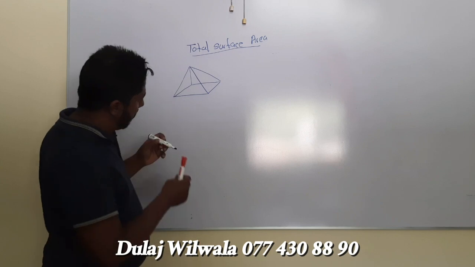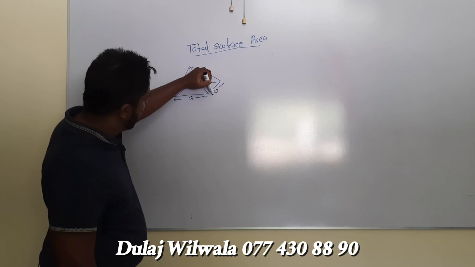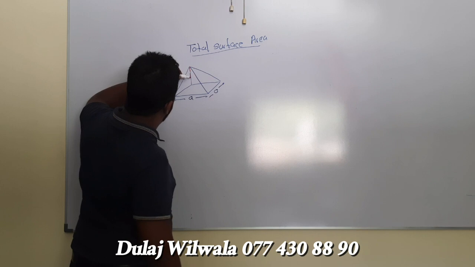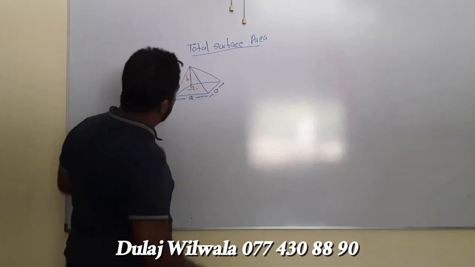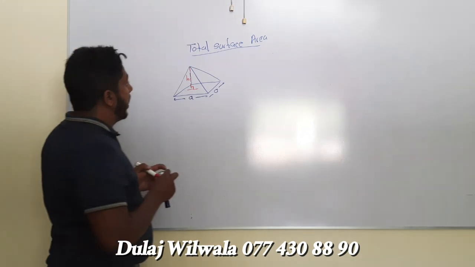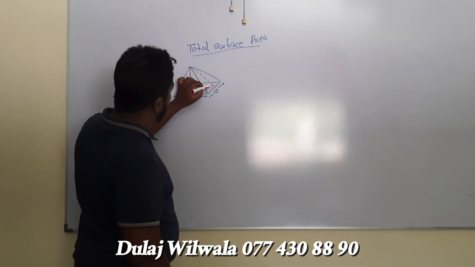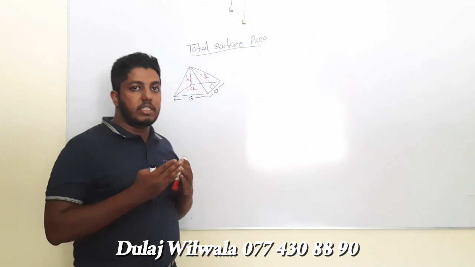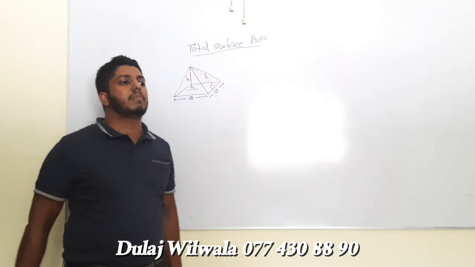That means here the base lengths will be A and A, and let's consider the height is h, and also this is L. By the way, I have discussed this pyramid in one of my previous videos as well, so you can go through that.